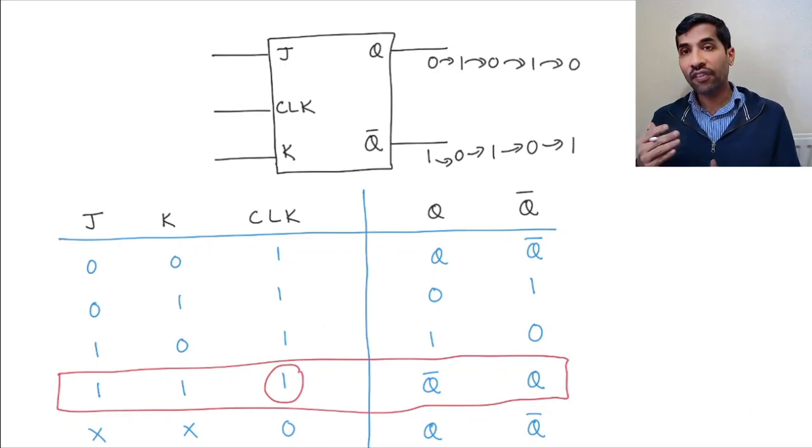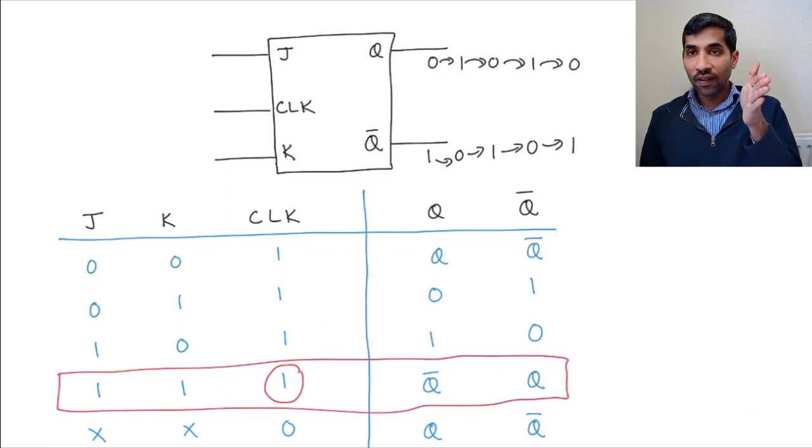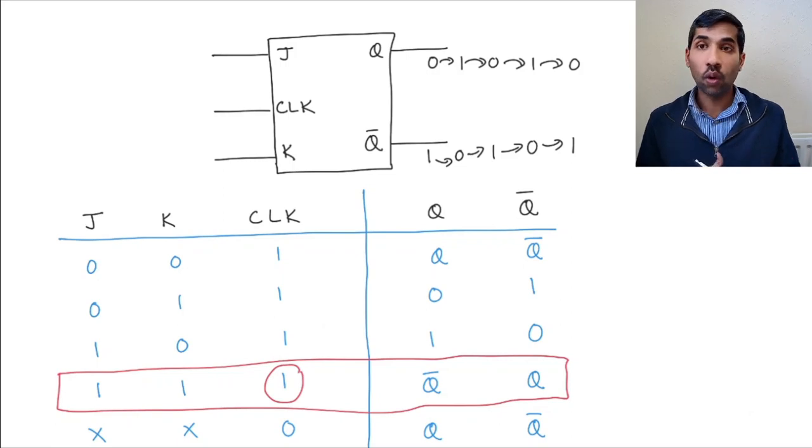Depending on where you stop your clock, make it 0, your output could either be 1 0 or 0 1. I hope you see that.